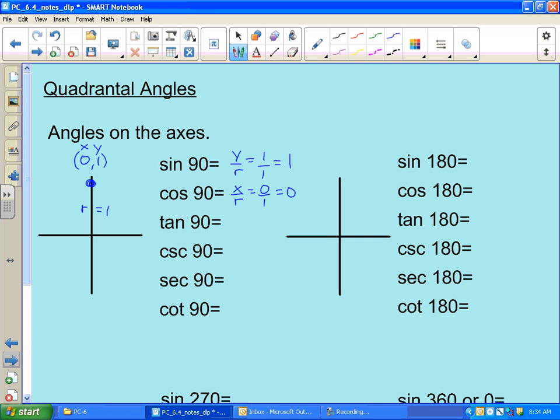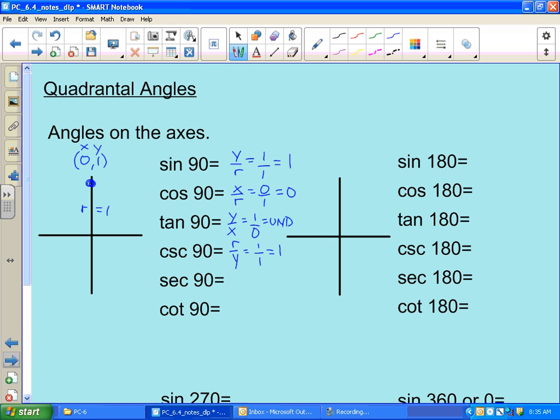Tangent. Tangent is a y over an x, where we have a 1 and a 0. Now we can't divide by 0, so that's undefined. Cosecant, the reciprocal of a sine, is r over y, a 1 over a 1, which is 1.